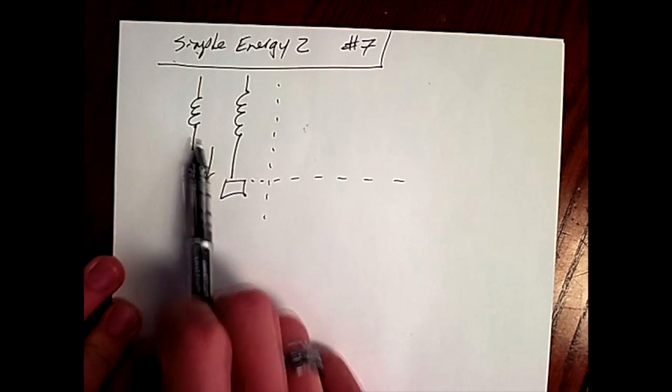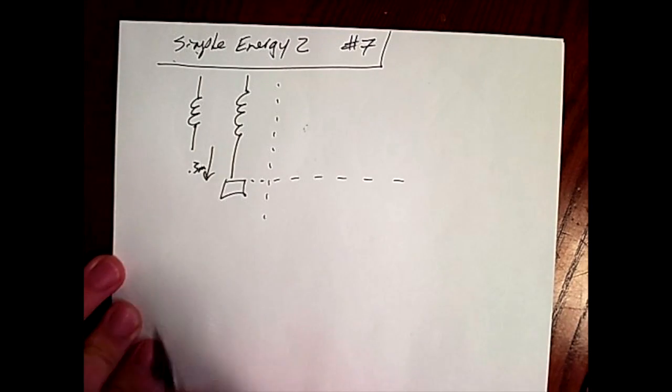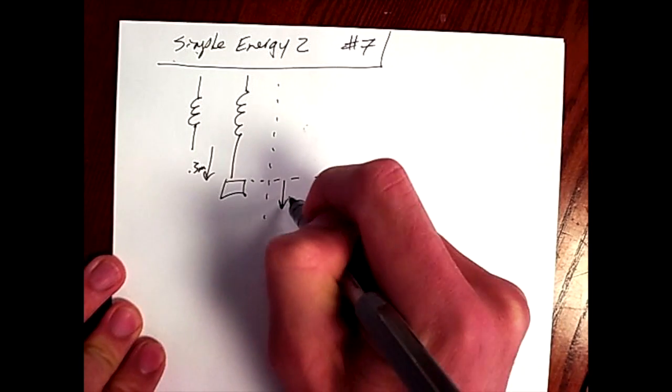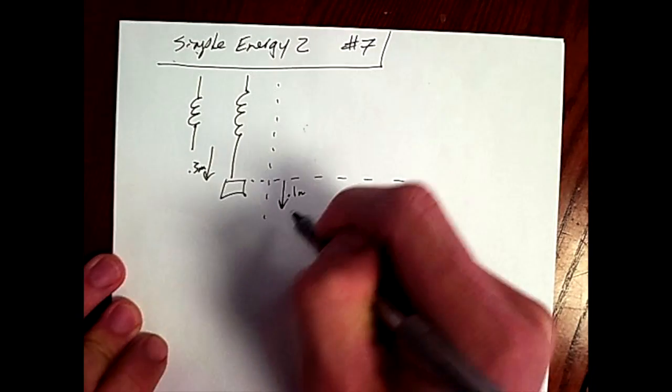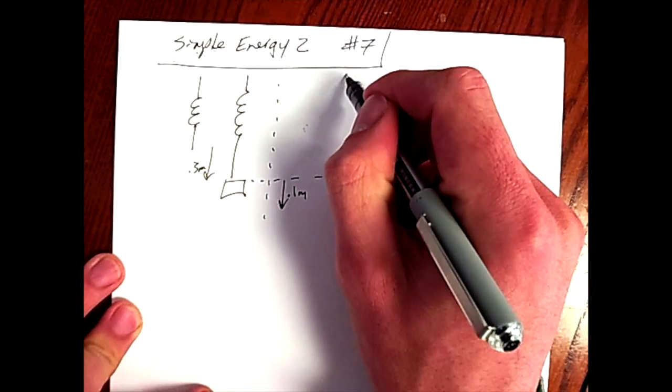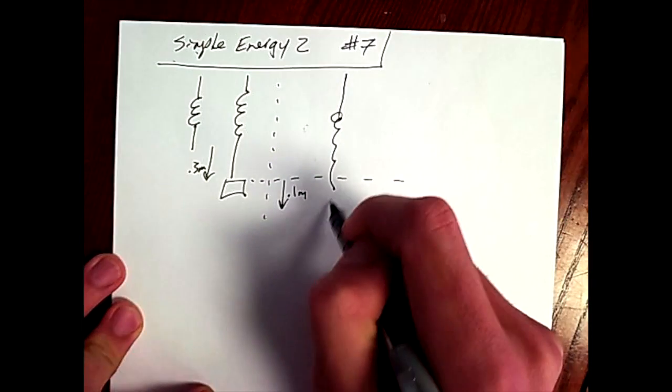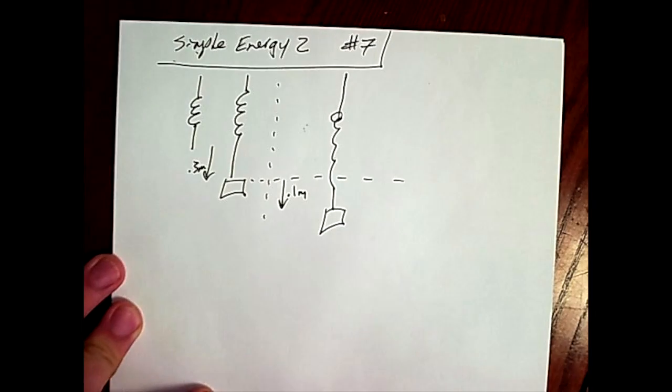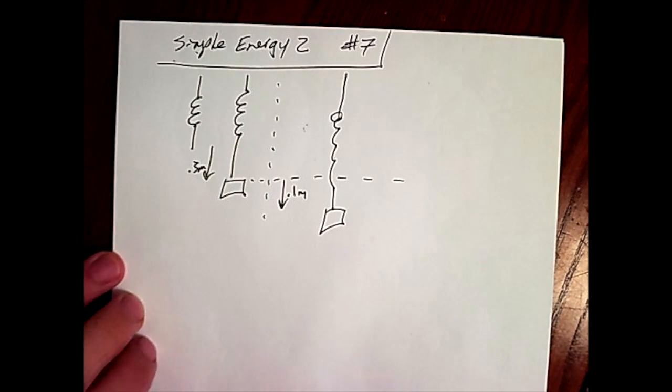So we use this to find k, but then we're going to stretch it out another 10 centimeters, 0.1 meters, and then let it go. So it starts out, apologize for the crappy spring, at negative A, right, at a maximum amplitude, and then is released.